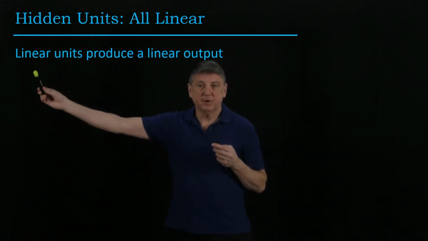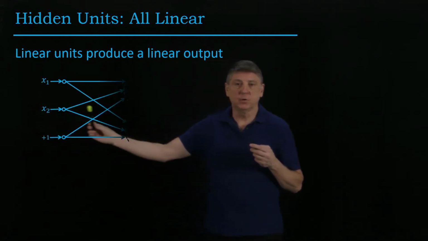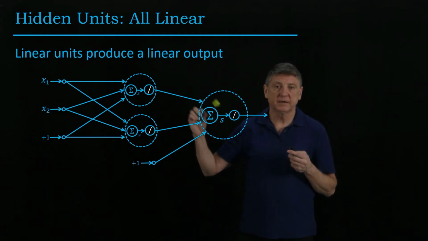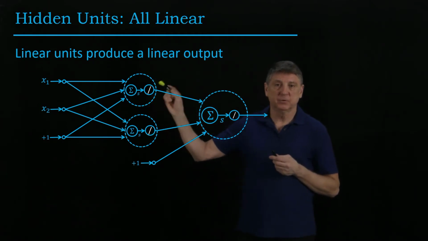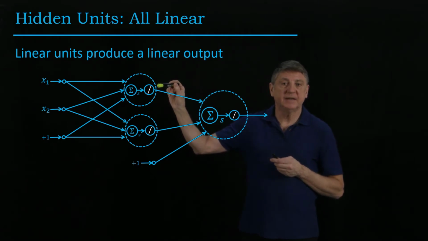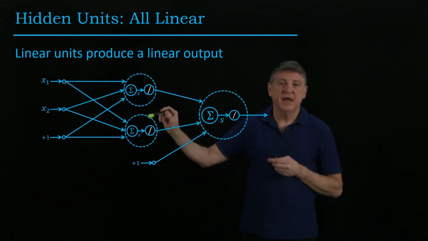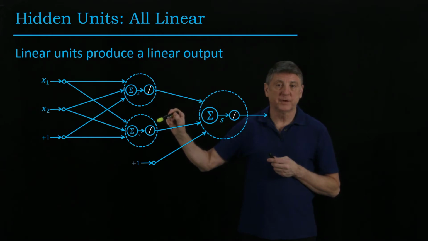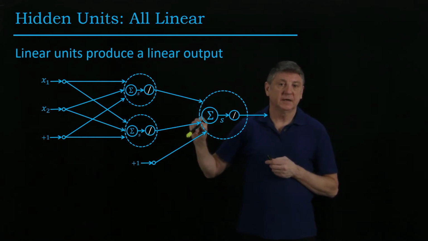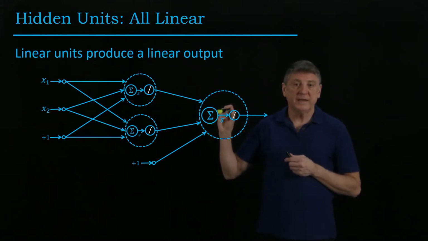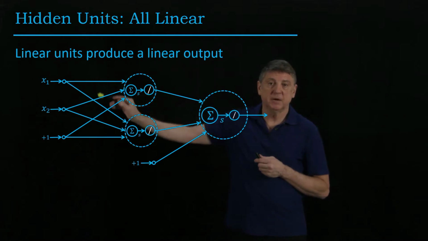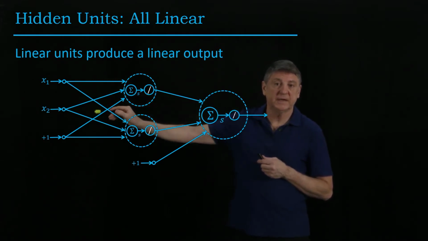Here, what we have are the data, and then the data flow through one layer of neurons, and then they go to another layer. So if this layer of neurons is performing weighted sums, and that is their activation, and then if this neuron is performing a weighted sum and an activation, then even when we add a bias term, the weighted sum of two weighted sums is ultimately a weighted sum of these two inputs, x1 and x2.